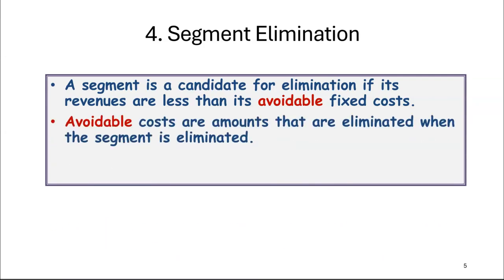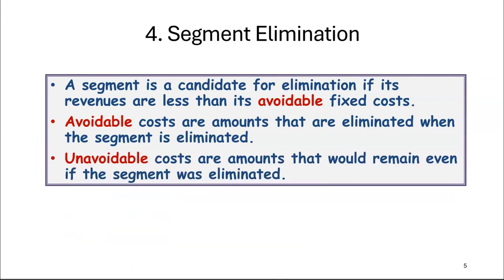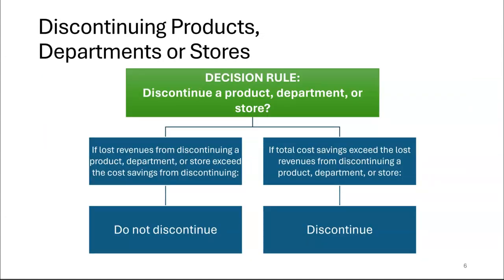Avoidable costs are amounts that can be eliminated when the segment is eliminated. Unavoidable costs are amounts that would remain even if the segment was eliminated. So, the question is, if lost revenues from the discontinuation of a product exceed the cost savings from discontinuing, you do not discontinue. If the opposite is true, you discontinue.